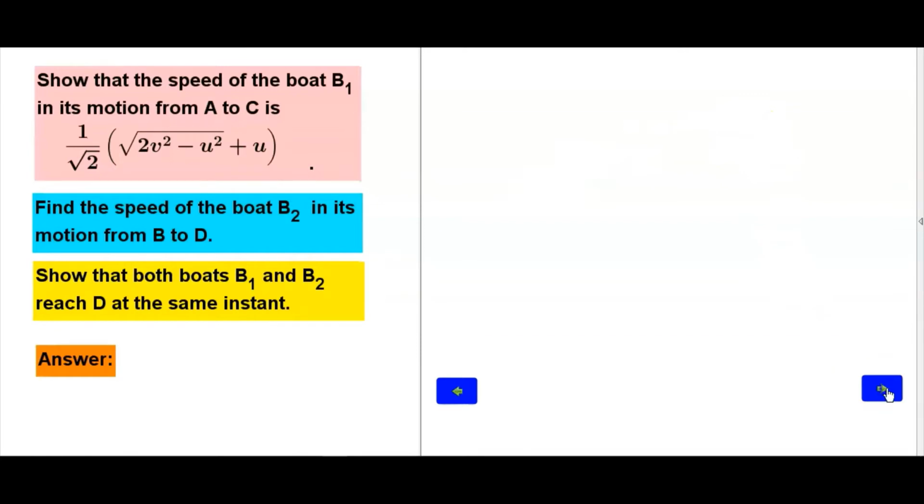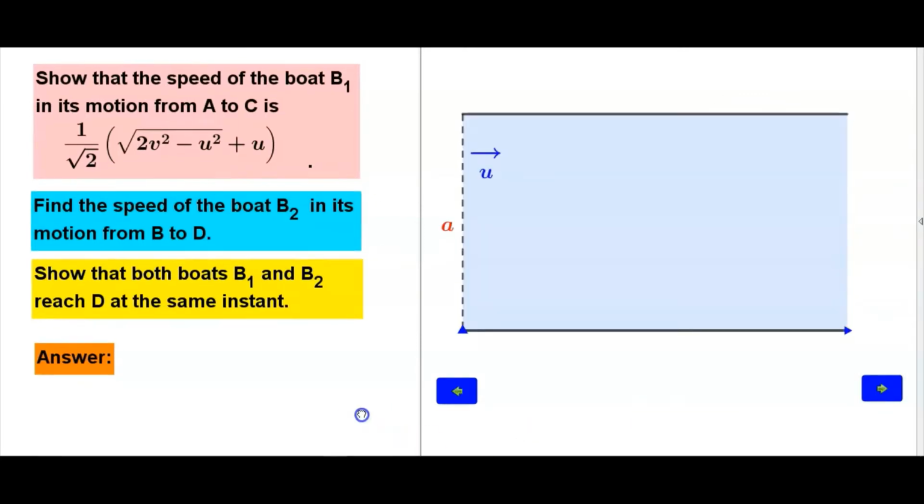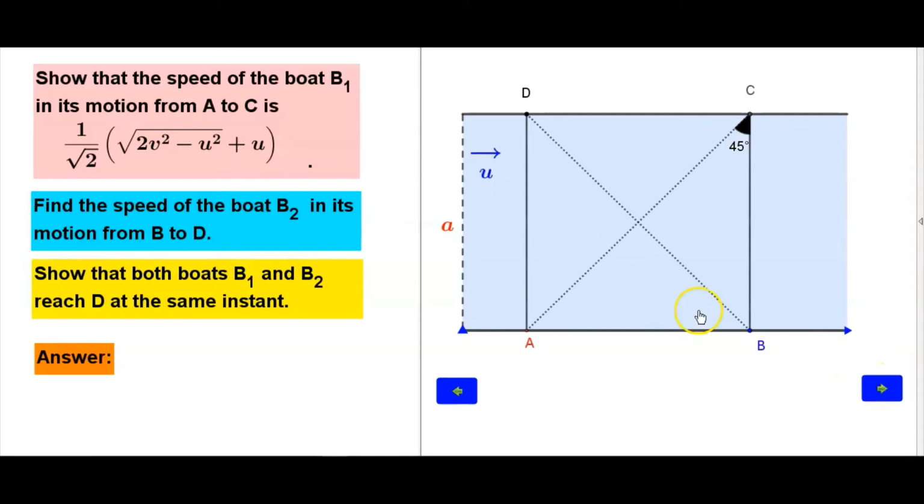Answer for this question. This is the river of breadth b with velocity u. There are 4 points A, B, C and D, vertices of a square.